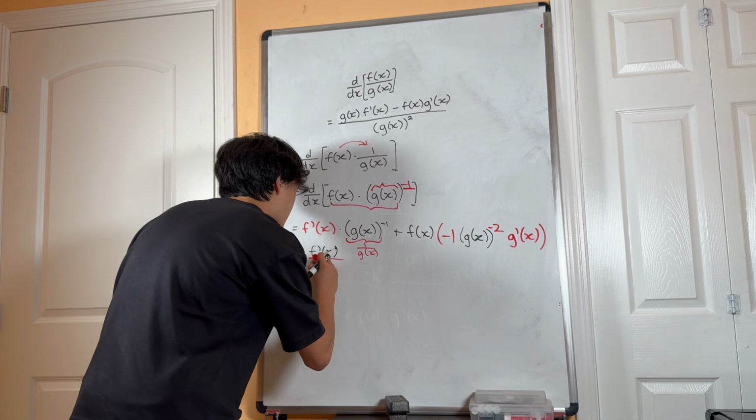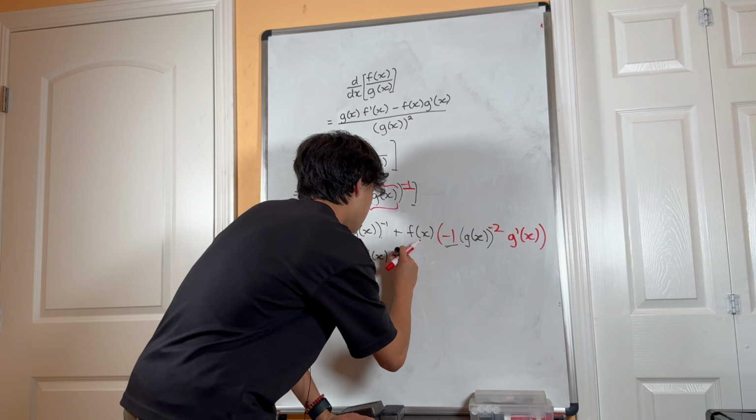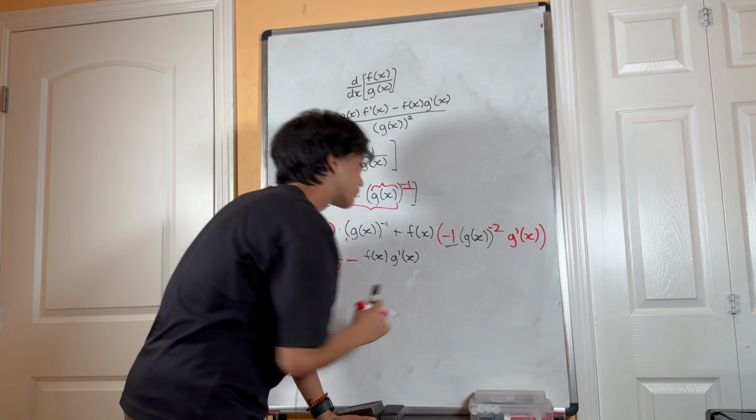Next, the second term. See how this negative 1 is multiplied? Well, we can just take the negative out here and make it a subtraction. I'm running out of room, so I'm going to get rid of that. So we're going to use this negative 1 and make it a subtraction right here. We have this f of x, and I'm going to deal with this g prime of x first, because those two multiply.